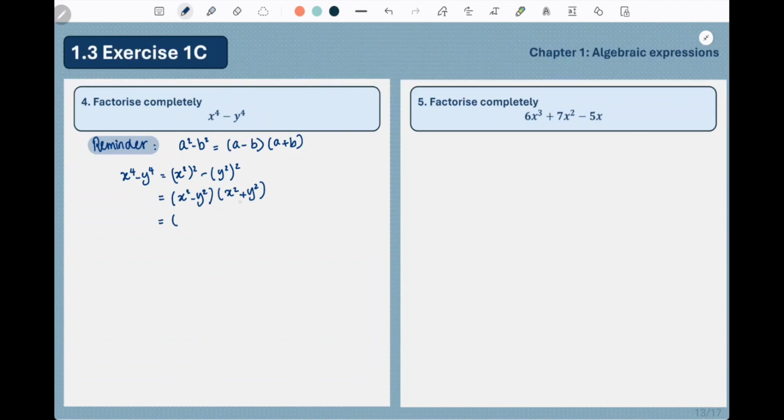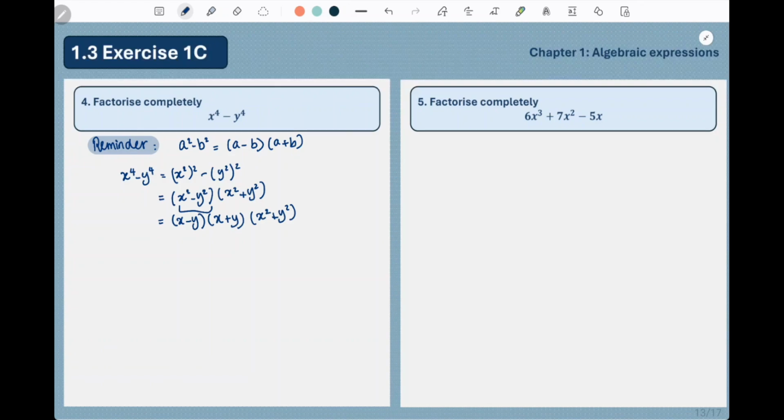So this one will remain as it is, but this one we can use it again on another scale, where a is x and b is y. So x minus y, x plus y. This translates onto this, and this remains the same.